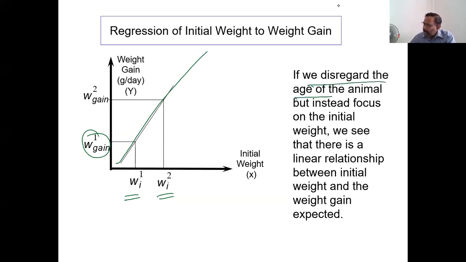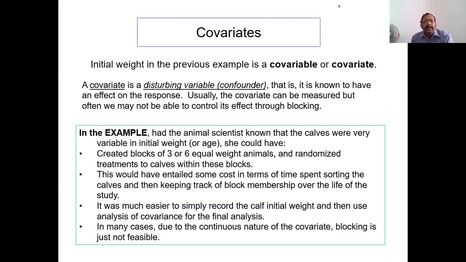If we discard the age of the animal and instead focus on the initial weight, we see that there is a linear relationship between initial weight and the expected weight gain, right? So this is how it can be explained, so that we can introduce the covariate, initial weight.